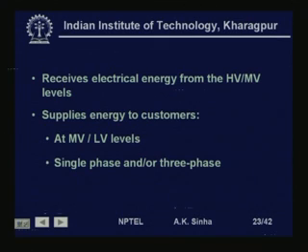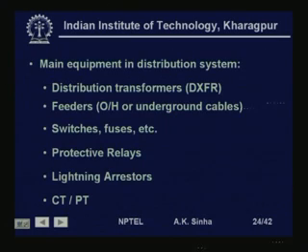The distribution is in terms of 3-phase as well as single phase, whereas the generation and transmission is always a 3-phase AC system. The distribution, especially for small consumers like residential buildings, is generally single phase distribution, whereas for large consumers it is normally a 3-phase distribution system.